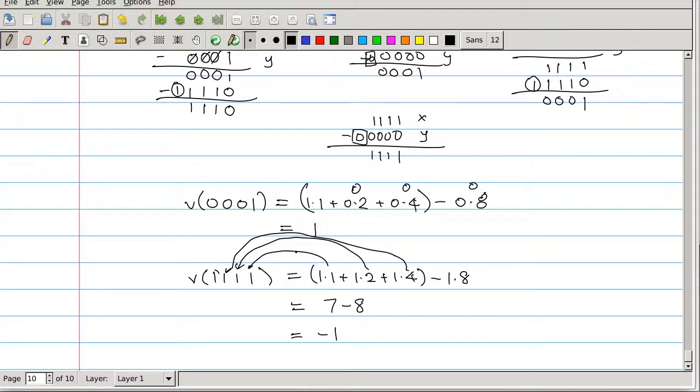Okay, so Catherine has a good question. 1111 can also represent 15, but remember what I said about what is the value of 1111, and my answer to that was, why do we care? For the most part we do not care.